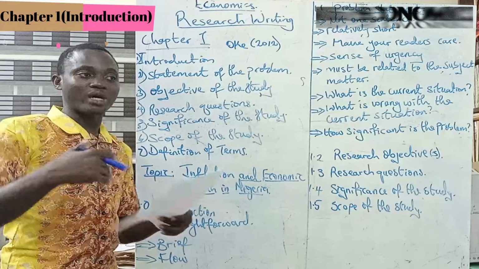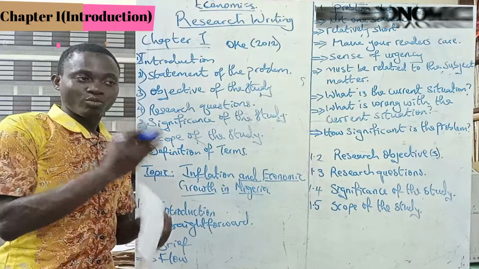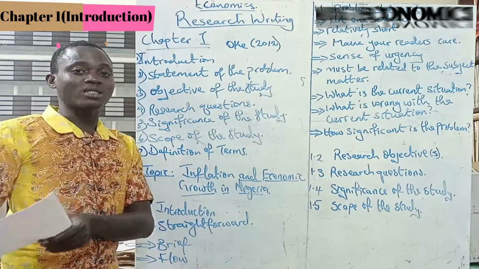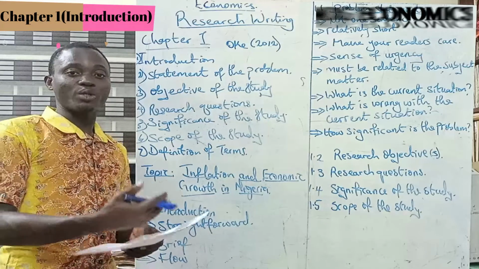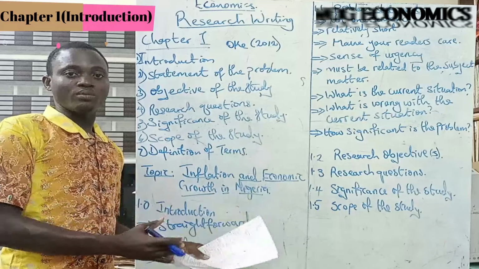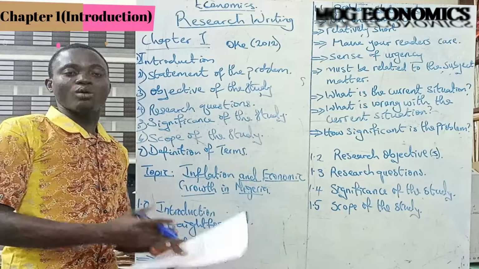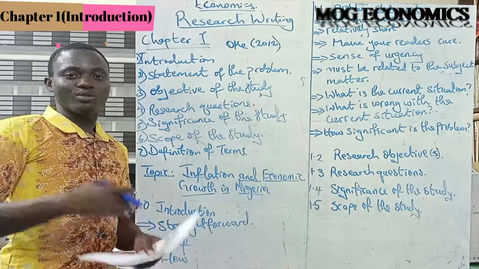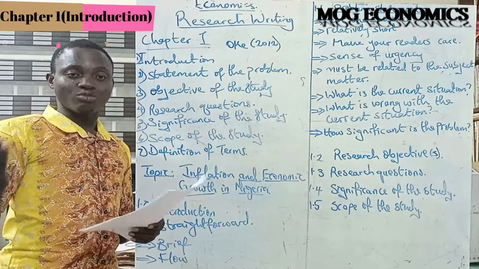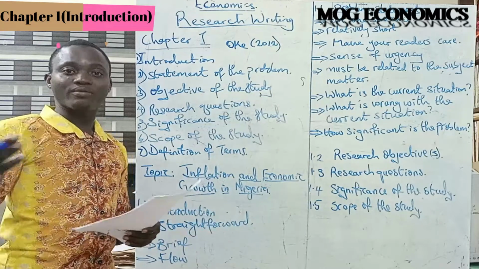Then in the second paragraph, I moved into why Nigeria's economic growth hasn't been able to translate into improved living standards of the people, and I've been able to bring in inflation as a factor that has not allowed that to happen. And I cited one or two sources, so I could have cited more.